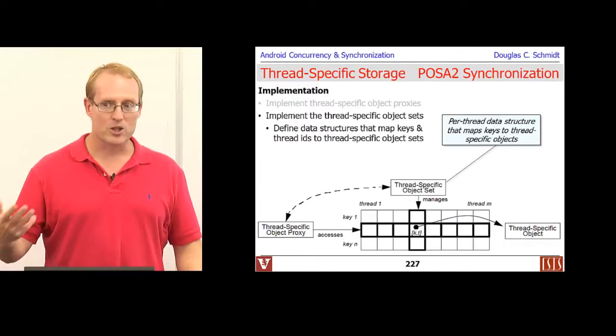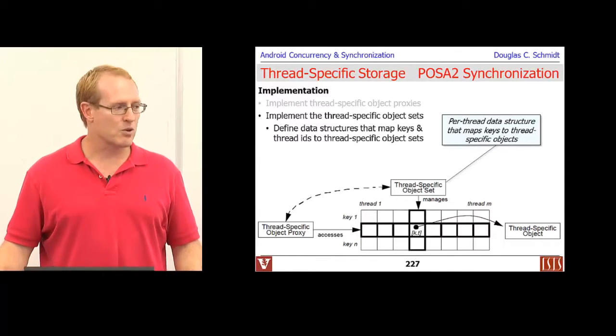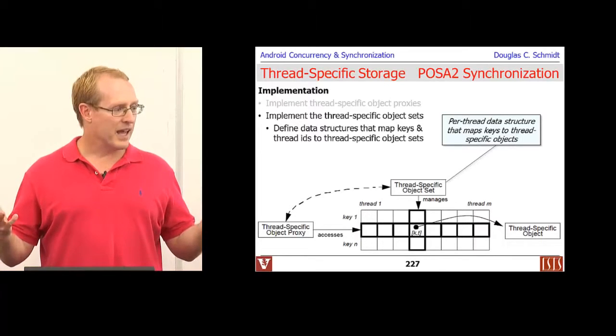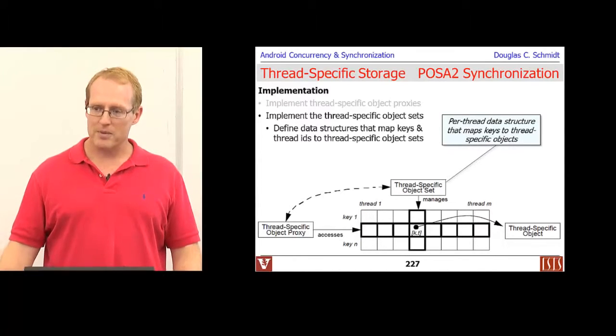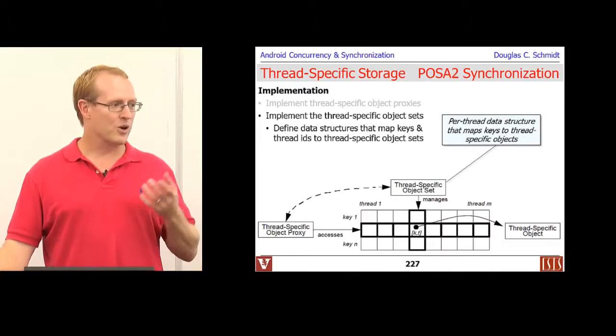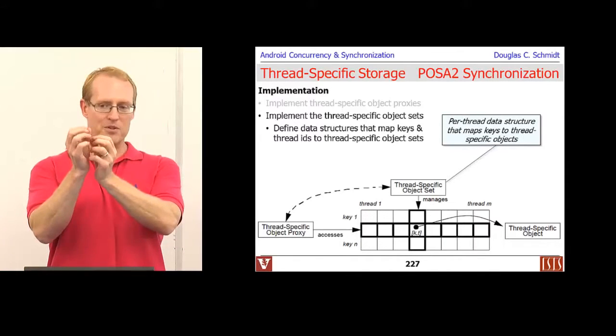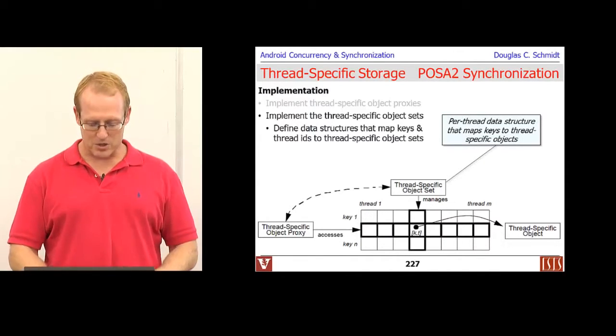If you want to support a much larger number, then you're going to have to use a data structure that's capable of expanding. And the most common thing to use there is some kind of hash map. So that's another way to do it. You could store a hash map, and so you would look things up and find the thread-specific object that was stored there.